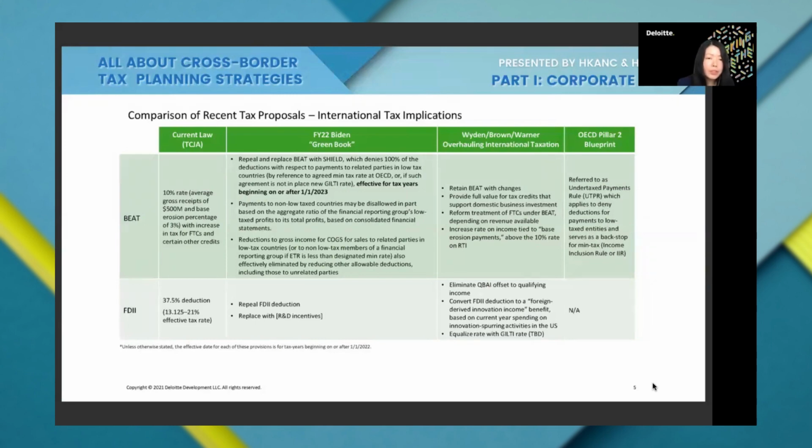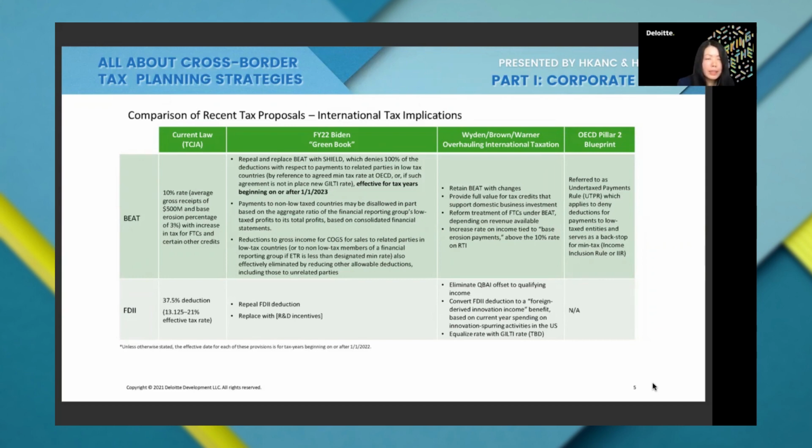The profit from the sale to a domestic customer is subject to the 21% tax rate. The product sold to the foreign customer is subject to a lower tax rate, as low as 13.125%.